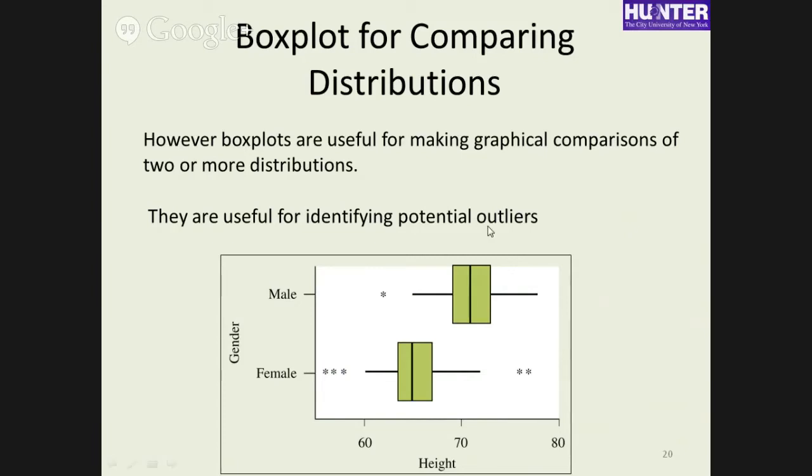If you have height, a quantitative variable, you have males and females, and you have a sample with both of them, you can directly compare them to each other and see where the center of the distribution is, the spread, and where the outliers are. Whereas it would be more difficult to do this with histograms, for example. Any questions about the box plots? You'll learn how to make them in SPSS, and you'll use them in this class.